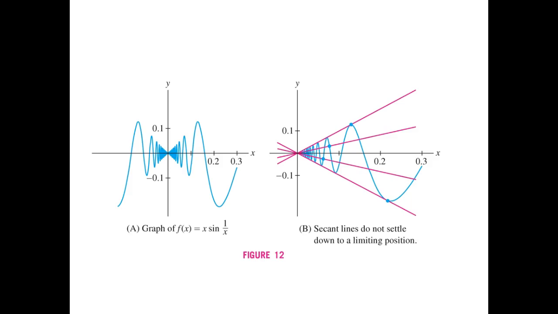Okay? As x goes closer and closer to 0, this is going faster and faster and faster. From the right hand side coming in, 1,000, 1,001, 1,002, 10,000, 80,000, whatever.